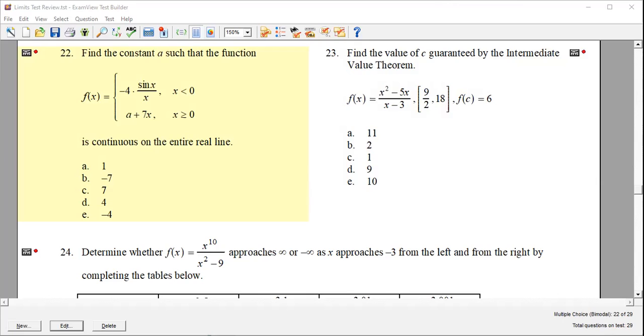And then I literally plugged in those values. So on the first one, alpha y equals 1 plus 7x when x is greater than or equal to 0.